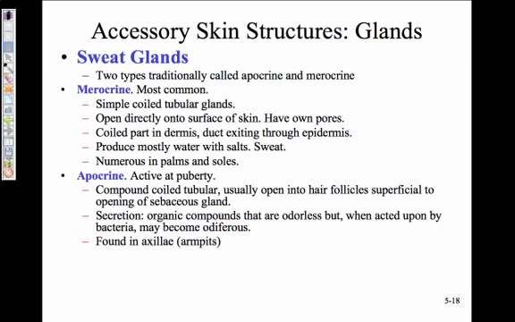Apocrine sweat glands become active at puberty, and they are compound coiled tubular glands. They usually open into the hair follicles superficial to the opening of the sebaceous gland. So if you look at a hair follicle, this apocrine gland would be above the sebaceous gland. It secretes organic compounds that are odorless, but when they're acted upon by bacteria, become odoriferous.